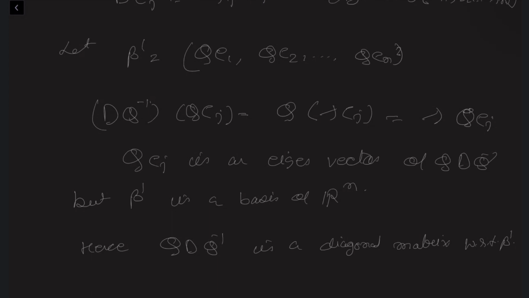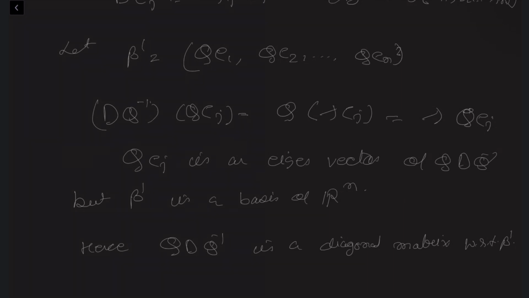So what does this result say? It says that a matrix A is diagonalizable if and only if you can find some matrix D and some matrix Q such that A can be written as Q D Q inverse, where D is diagonal and Q is invertible.